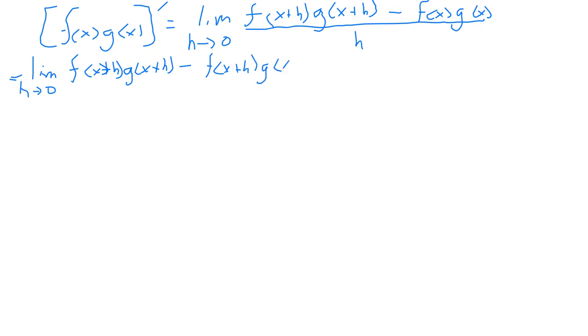You could also have used f of x times g of x plus h. Both of them give the same result. Remember, we're not creating anything new, we're adding and subtracting something. So whatever you subtract, you have to add. So we have to add it back, f of x plus h times g of x. And we still have the f of x, g of x at the end, all over h.